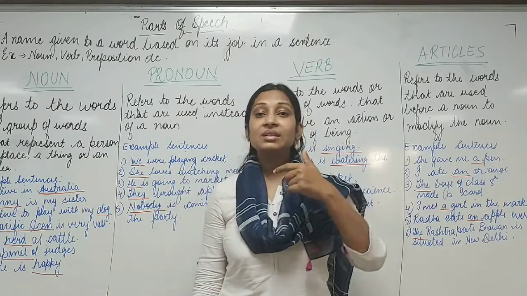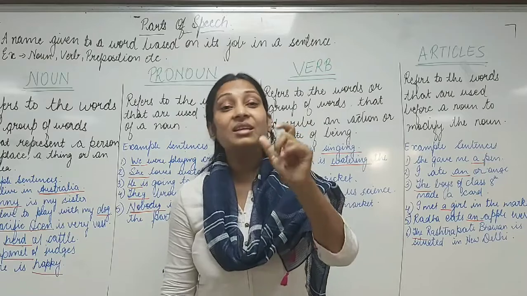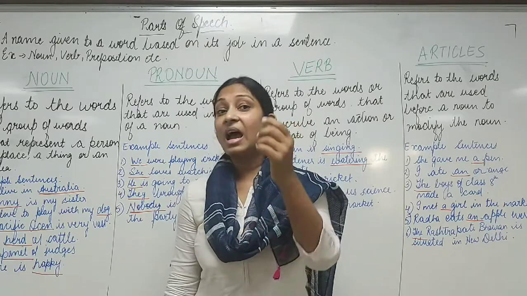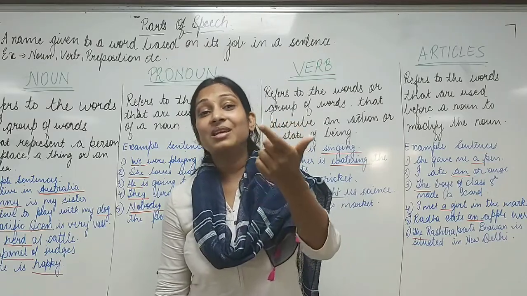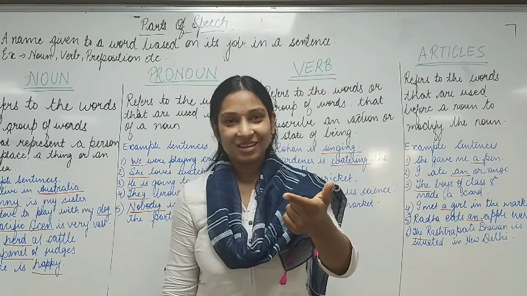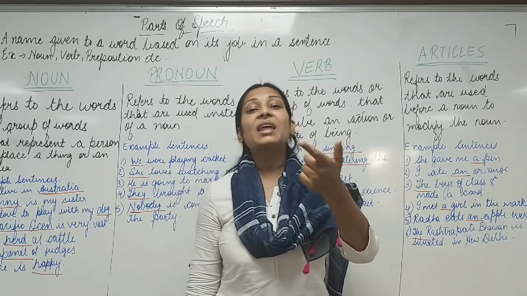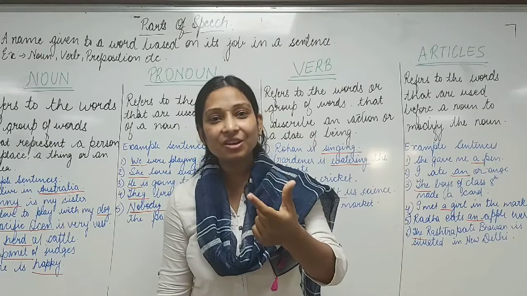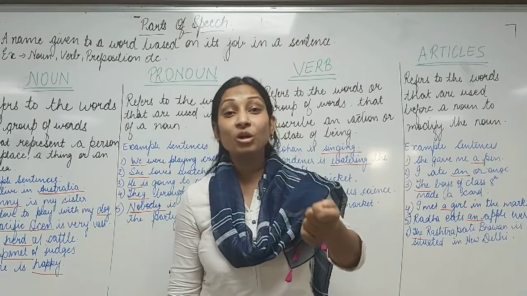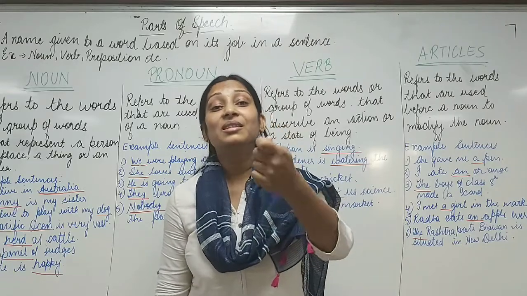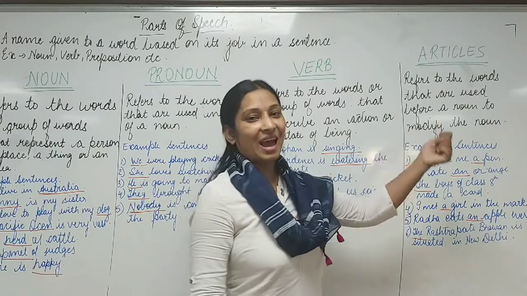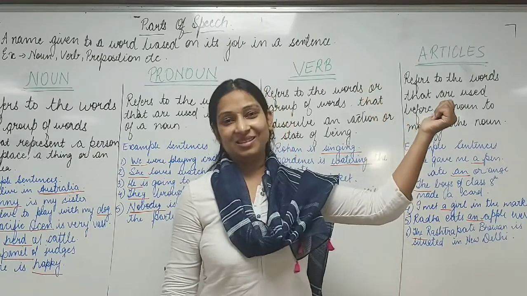Then he is singing. He here is a word of a sentence, and he here has been assigned the name pronoun. Clear? She is eating an apple, and an here has been assigned a role to modify a noun. So here an is an article. Clear?